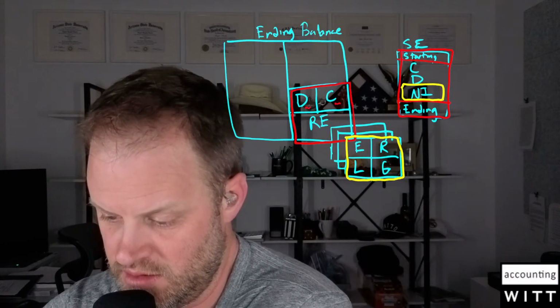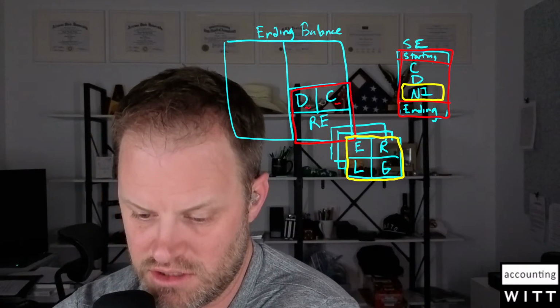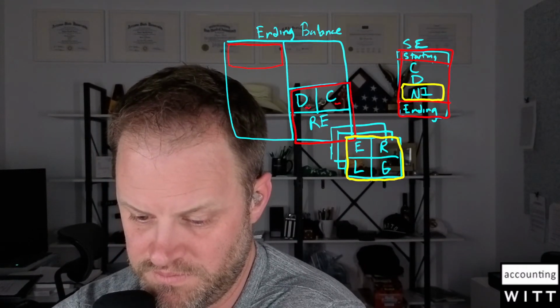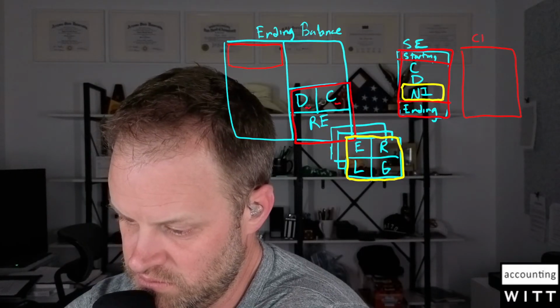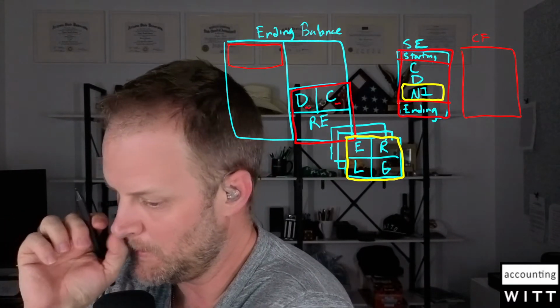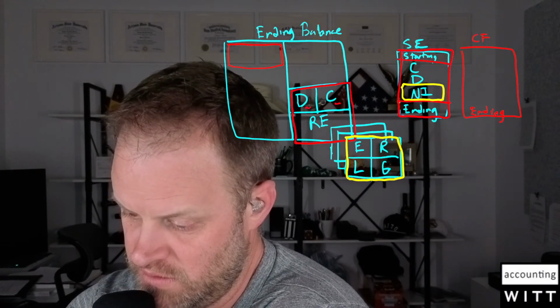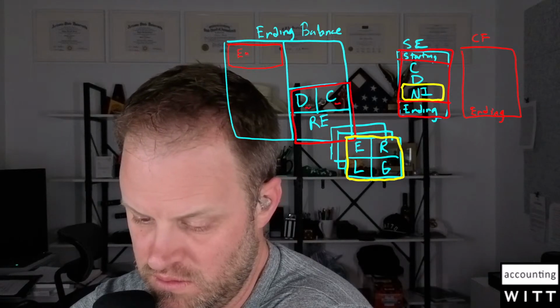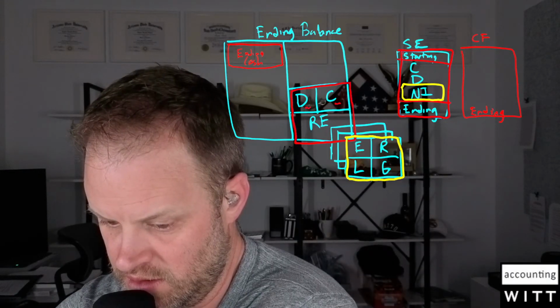Then cash, the statement of cash flow is showing the ending balance from here. No, that's not the ending balance.